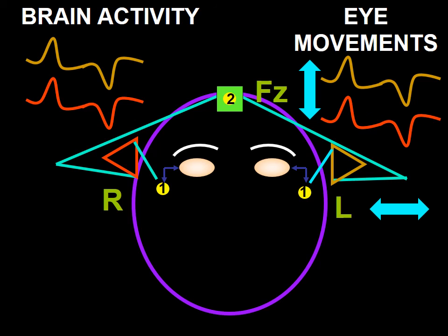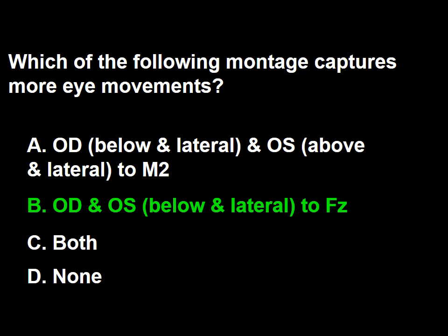But when it is side-to-side activity, it will produce out-of-phase activity, as you can see depicted in this frame. With this montage, more eye movements will be captured than with the previously described montage. So the answer to this question is B.